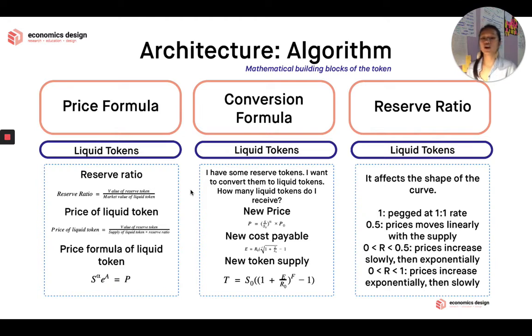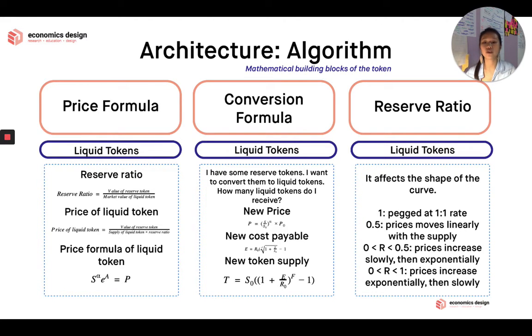So when we talk about the liquid tokens, when we are looking at the reserve ratio, the reserve ratio is the exchange rate. Reserve ratio is the value of reserve token over the market value of liquid tokens. Market value of liquid tokens is the price times supply of liquid tokens. So let's look at a reserve ratio of 0.5, so half.